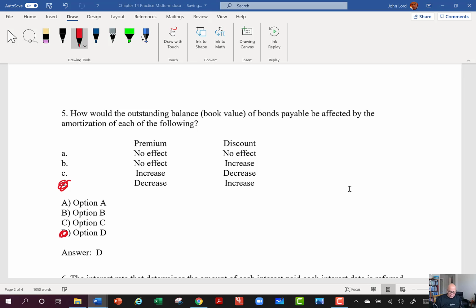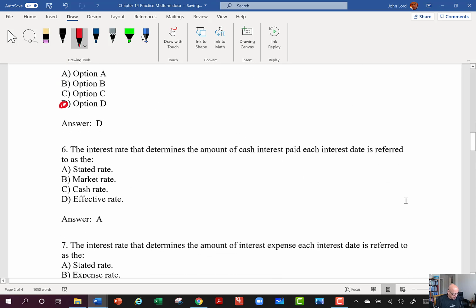Okay? All right, good. Let's take a look at number 6. The interest rate that determines the amount of cash interest paid is what? The stated rate. Stated rate. Cash rate is nonsense. Stated rate. And you can see that the other two are trying to point you towards the market rate. Stated rate, coupon rate.